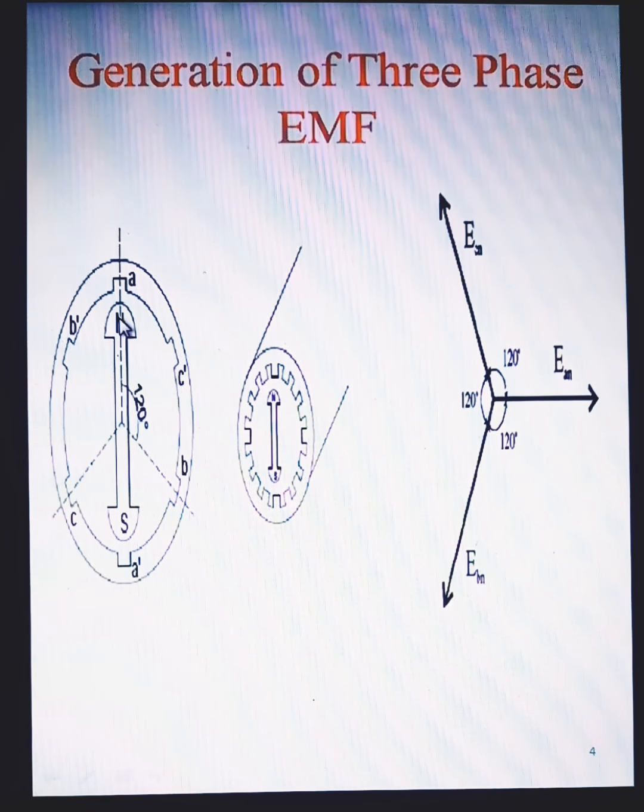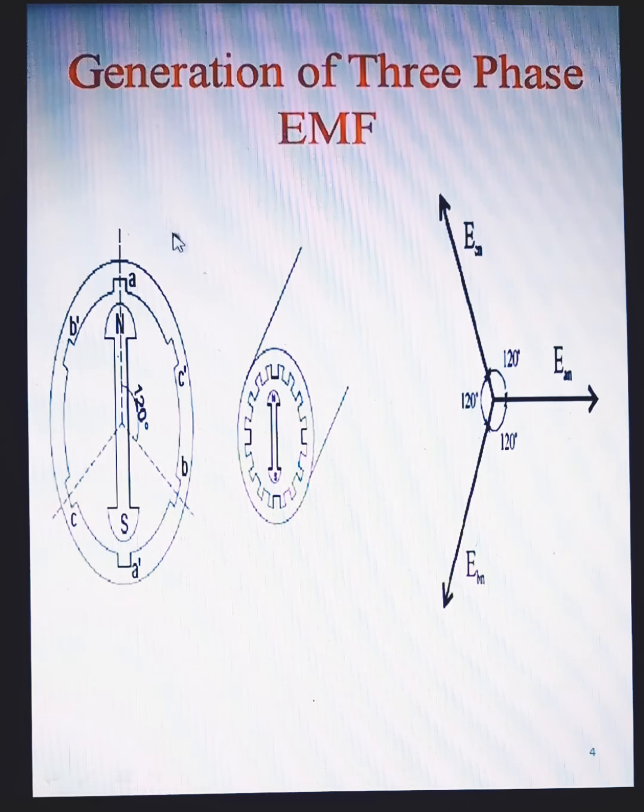When the conductor is parallel to the lines of flux, it does not cut any flux and the EMF induced is zero. When the same conductor is perpendicular to the lines of flux, it cuts maximum amount of flux, hence EMF induced is maximum. That you can observe in the waveform.